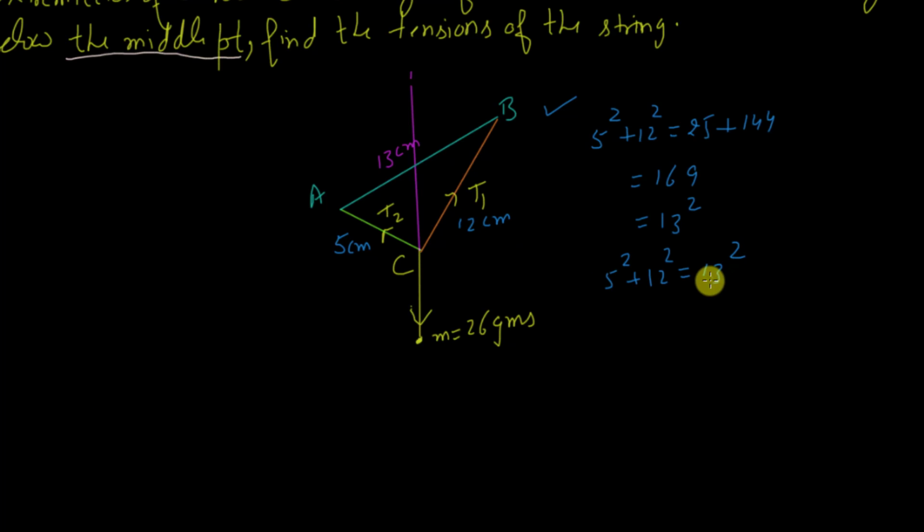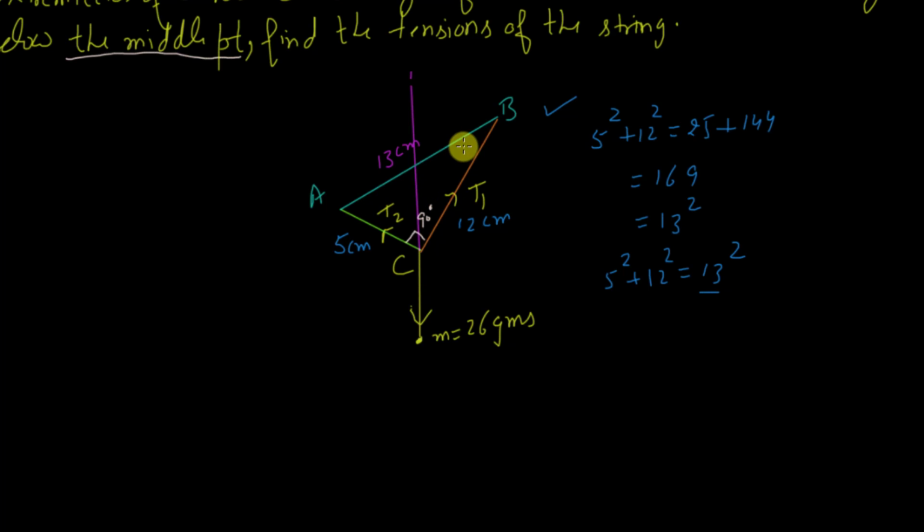So by Pythagoras theorem 13 is the hypotenuse, and opposite to the hypotenuse we have the 90-degree angle. So this angle is 90 degree, and I mark this angle as 90 degree. If we suppose any angle as theta, what will be the other angle?